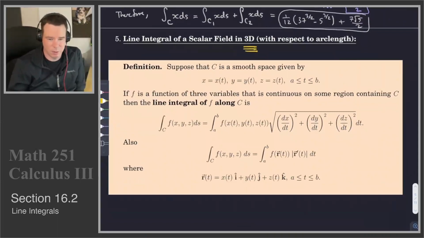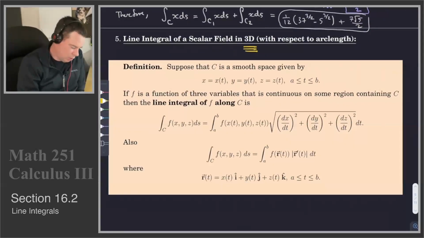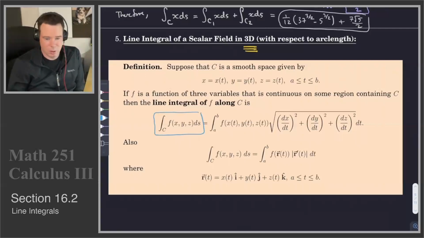So that's our curve C, given there as x of t, y of t, z of t. And if f is a function of 3 variables and is continuous in some region containing that curve C, then the line integral is just the same as we defined above. It's the integral along the curve of our function with respect to arc length.